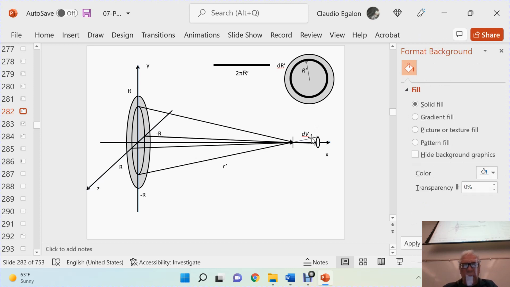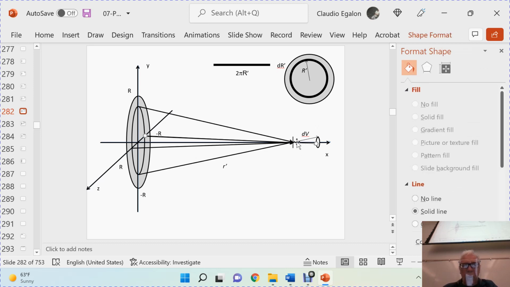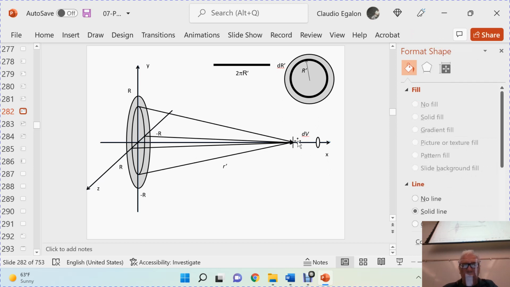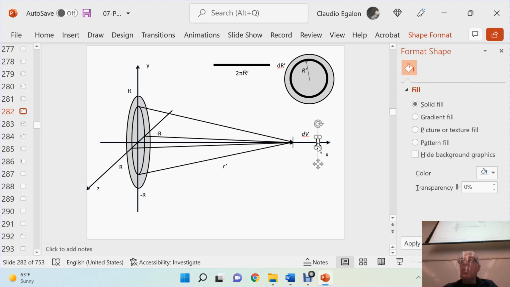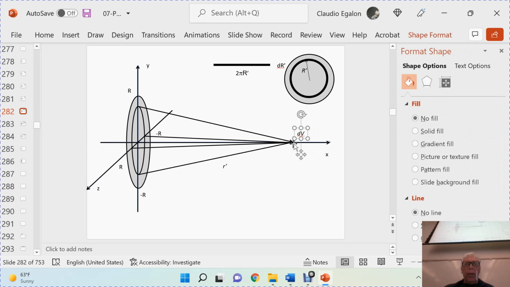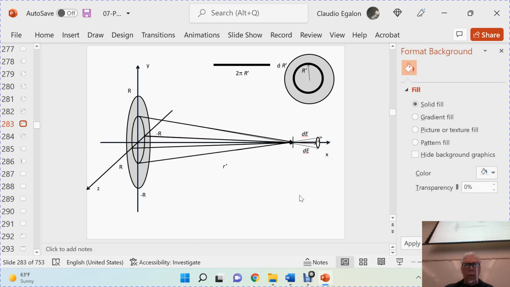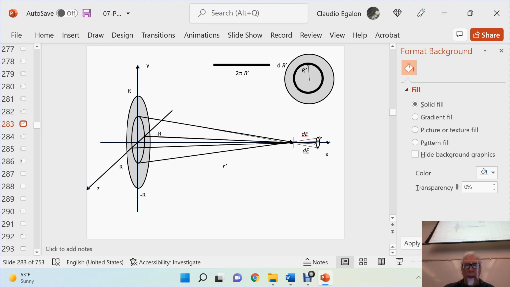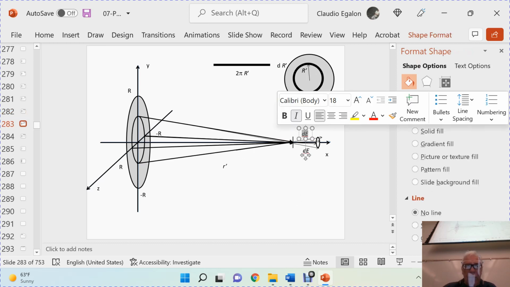Do you see it's much simpler to work out those problems when we are calculating the electric potential, because the electric potential is a scalar quantity? We don't have to worry about directions with scalar quantities. That's why it ends up being simpler.